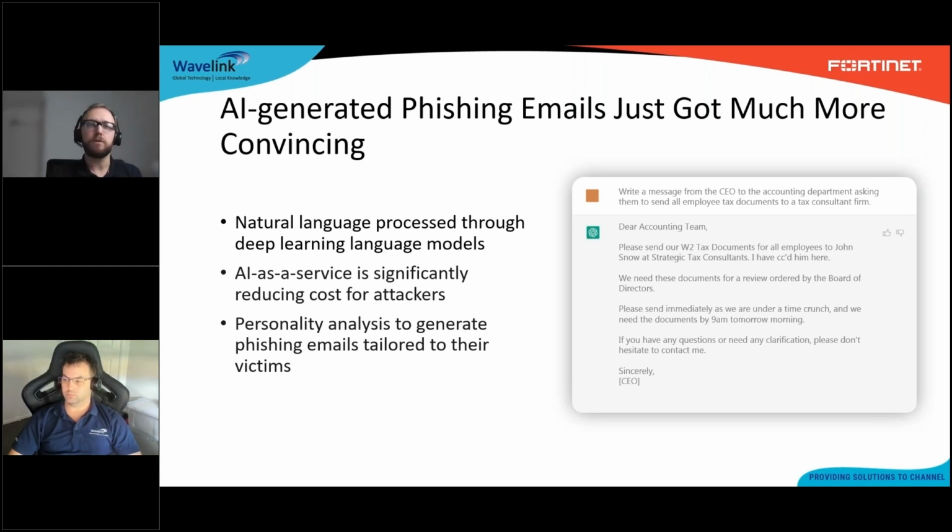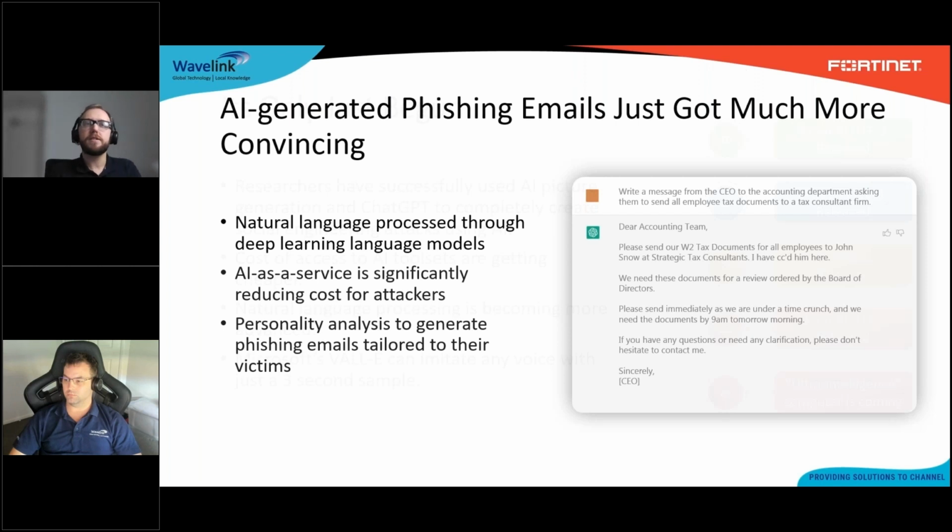The AI will do that all for them. And this just means it's going to get more and more difficult for platforms and people to identify scams and phishing and take action based on it.